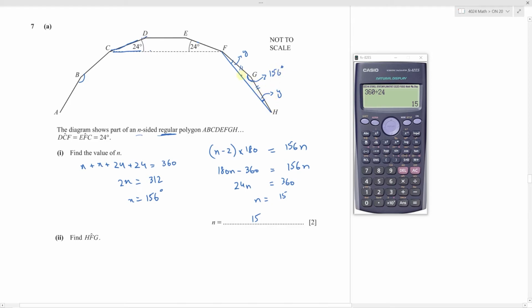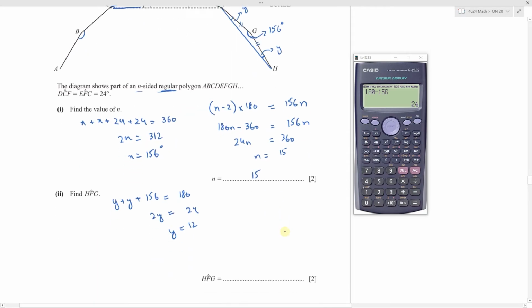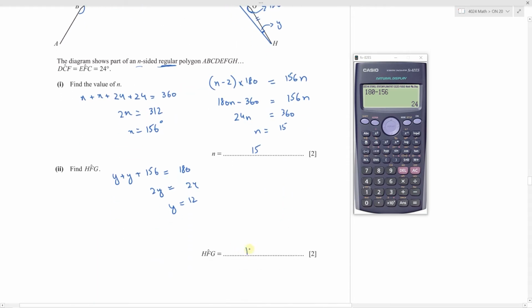So now we can easily calculate the value of y using this triangle. So y plus y plus 156 equals 180. 180 minus 156 is 24, and y equals 12, which is the same as angle HFG. So your angle HFG is 12 degrees.